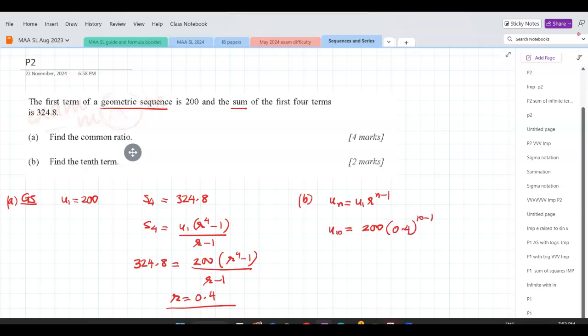So basically you're finding the 10th term. So 200 into 0.4 raised to 9. So how much is that? 0.0524, to three significant figures.